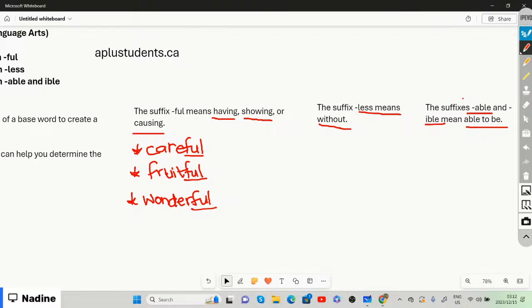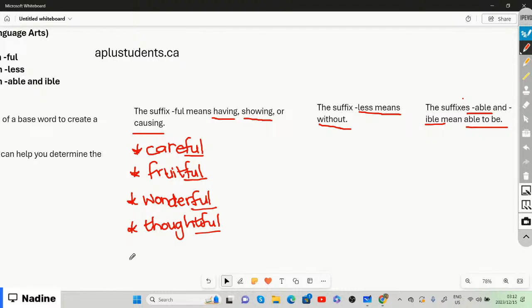When you're thoughtful, you're having lots of thoughts, or considerate.